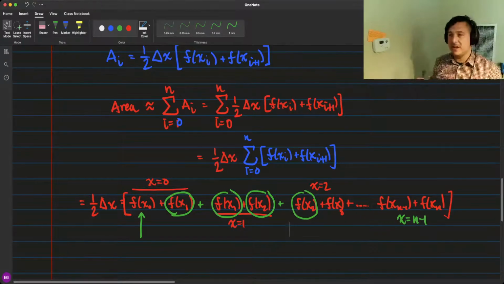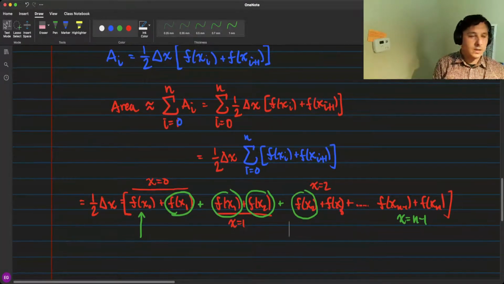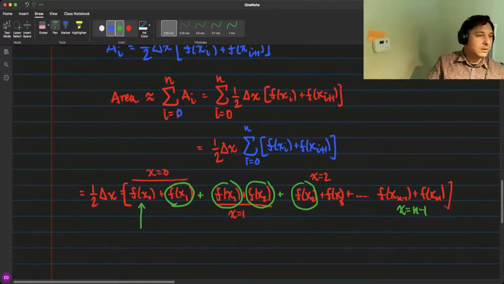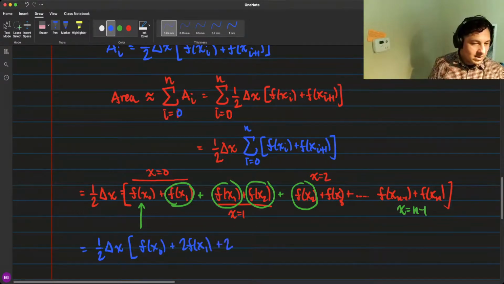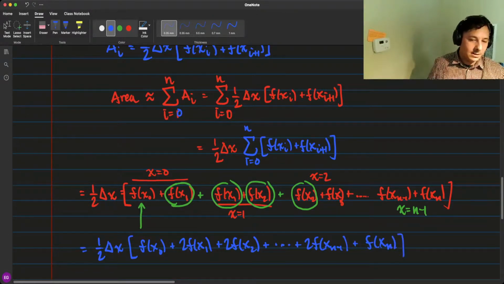And how many f of x3s? 2. So what you get is 1/2 of delta x times f of x0 plus 2f of x1 plus 2f of x2, and so on, up to 2f of x_(n-1). And then you'll have a single f of x_n at the end.